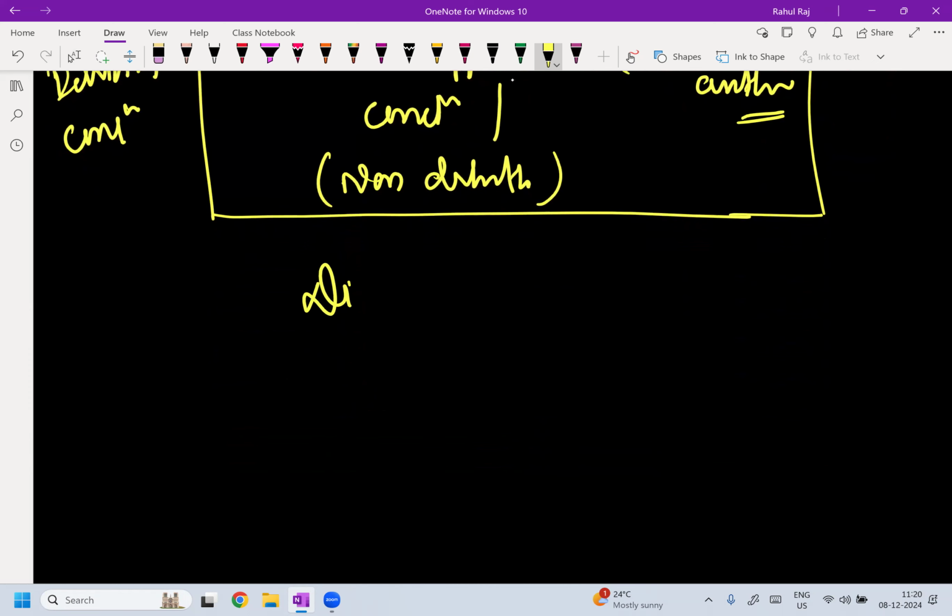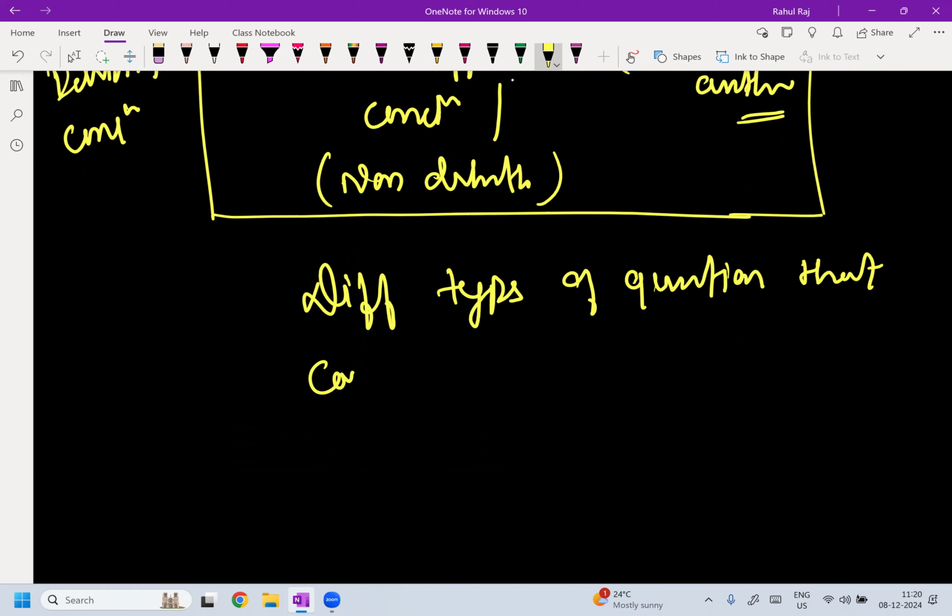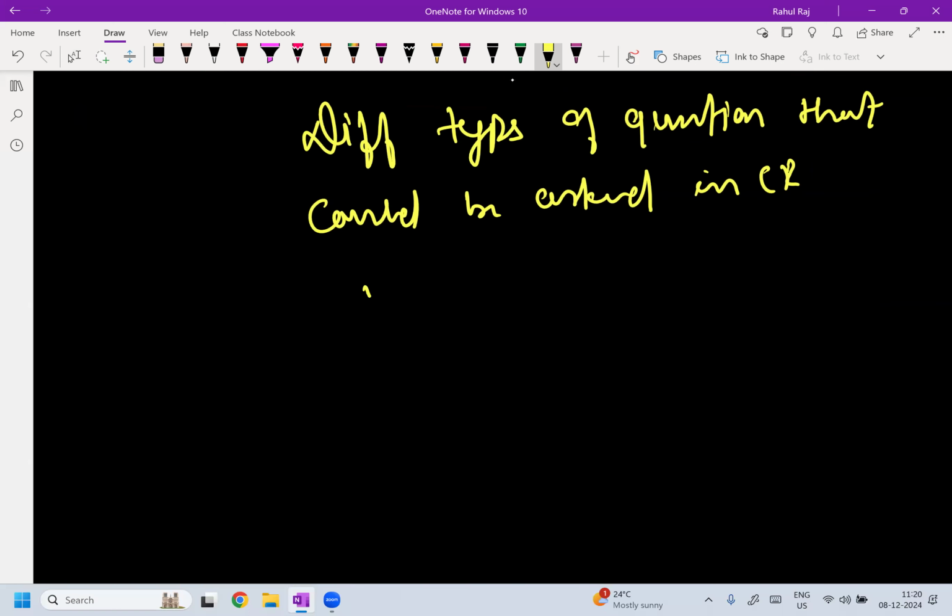Now, based on the argument presented here, there are different types of questions that could be asked in critical reasoning. What are those questions? The first one is assumptions. We'll come to this. Now we'll start the actual discussion of CR.